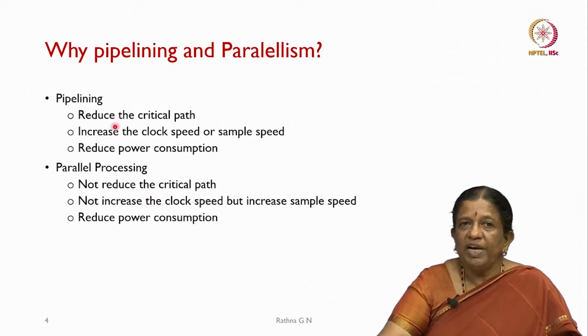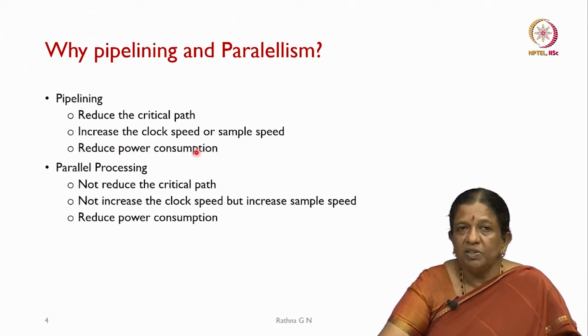One is to reduce the critical path, that is the longest path delay, and increase the clock speed or sample speed, or achieve reduced power consumption. Same with parallel processing: it does not reduce the critical path or increase the clock speed, but it increases the sample speed, and then we can use it for reduced power consumption.